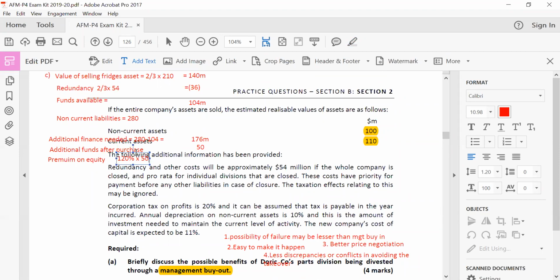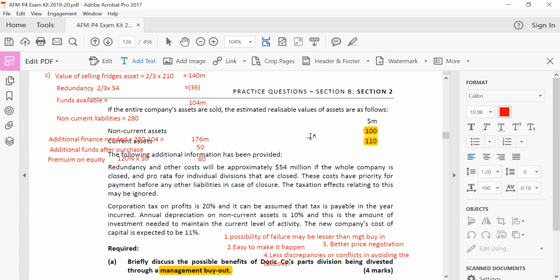Premium, so extra. So 120% means 120 over 100, and 120 over 100 is 1.2. So 1.2 times 50 will give us what? That will give us 60.